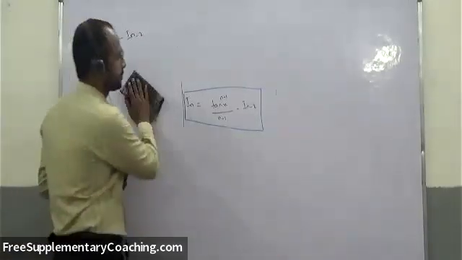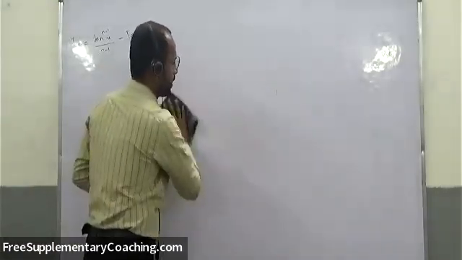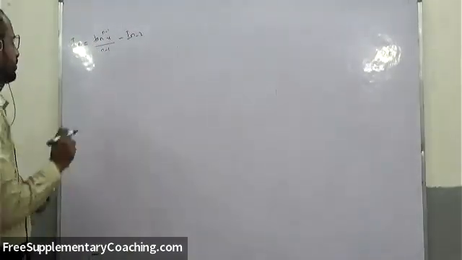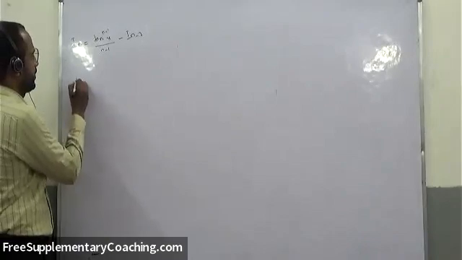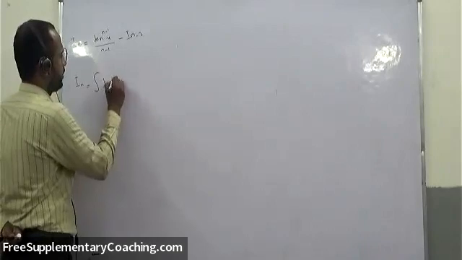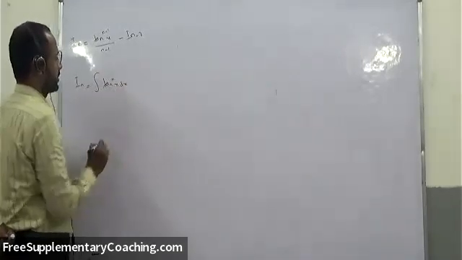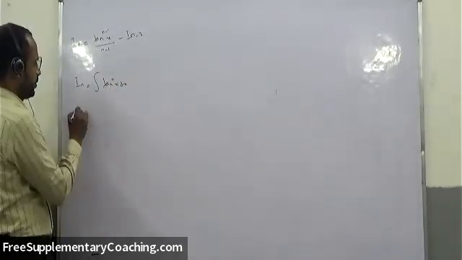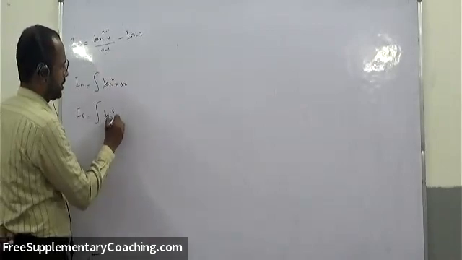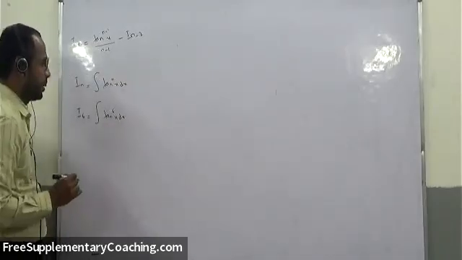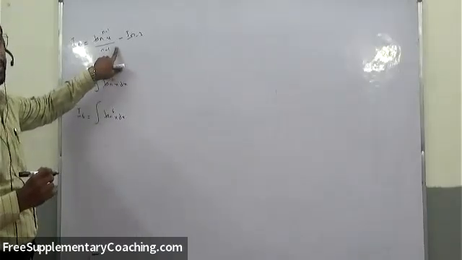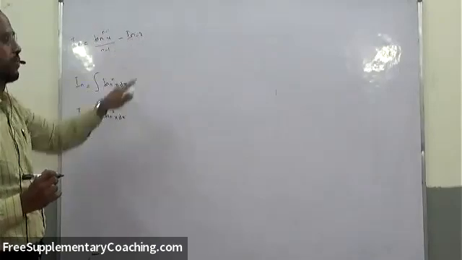For odd and even, we have already found it. Now we are going to find I_6. We know I_n is equal to integration of tan^n x dx, so I need to find the value of I_6. I can write integration of tan^6 x dx. This form changes to this form according to the reduction formula.